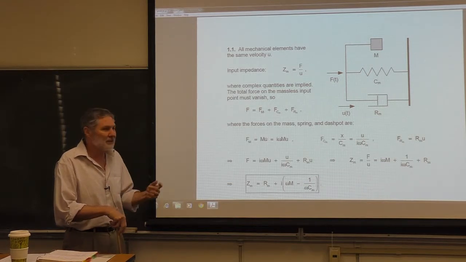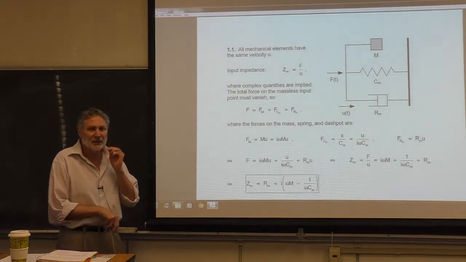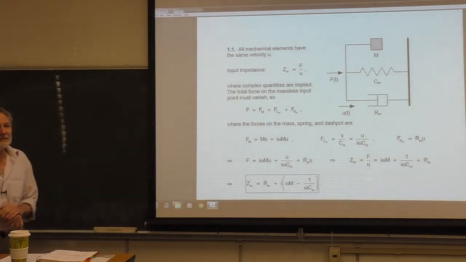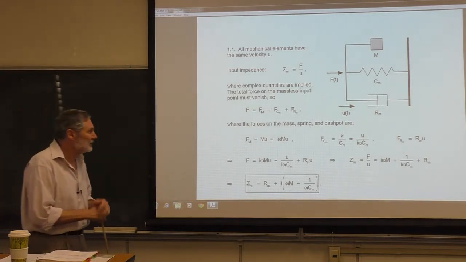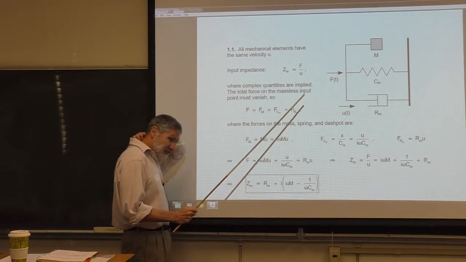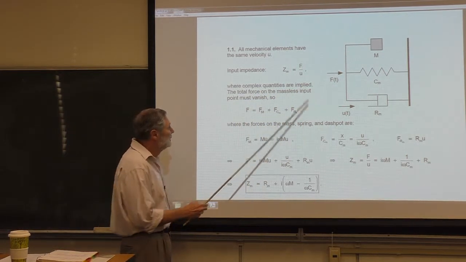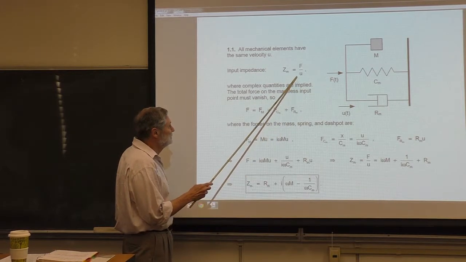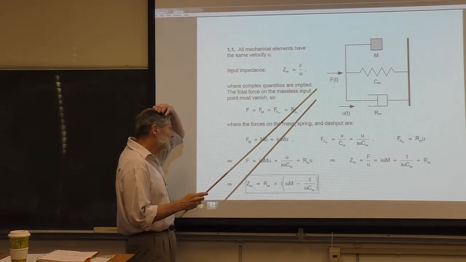Then you just make the impedance analogy correspondences, and we should get the same answer. So it's an exercise, but I think it's an interesting one, and it's also interesting for another reason that I'll point out to you. So let's do the mechanical one here.